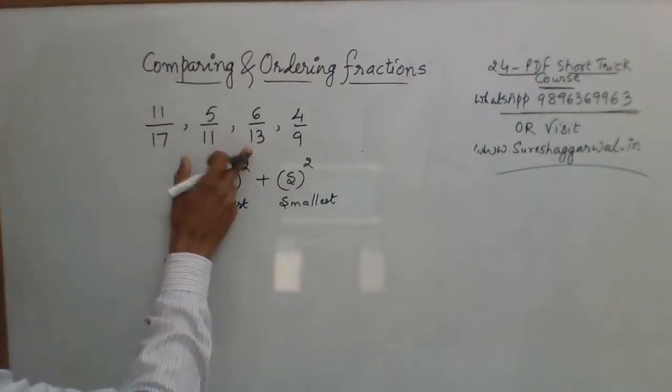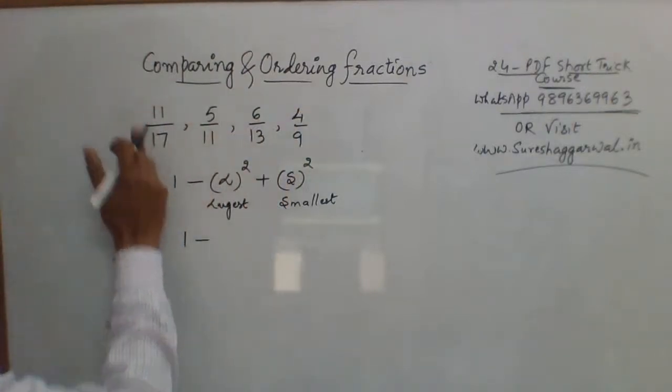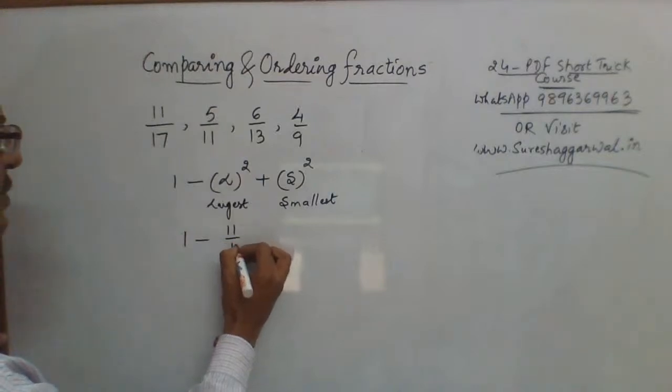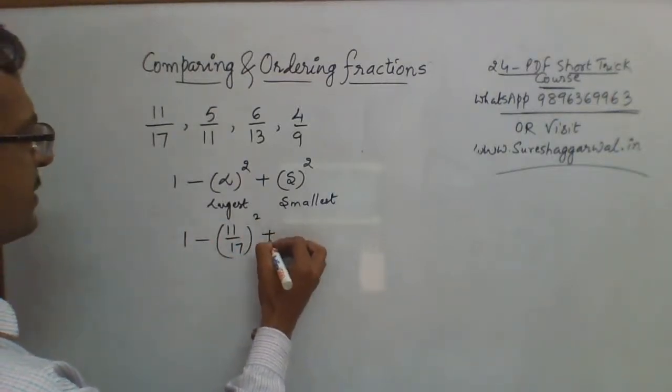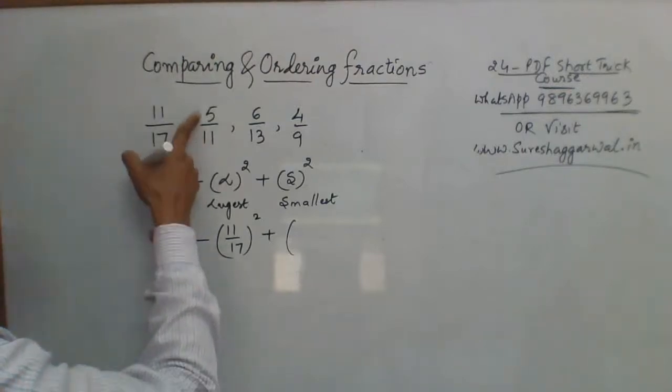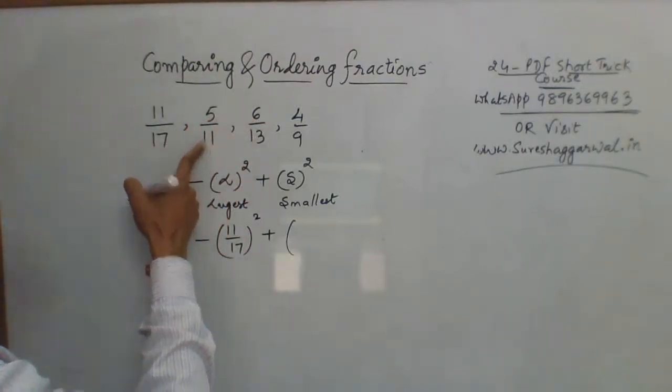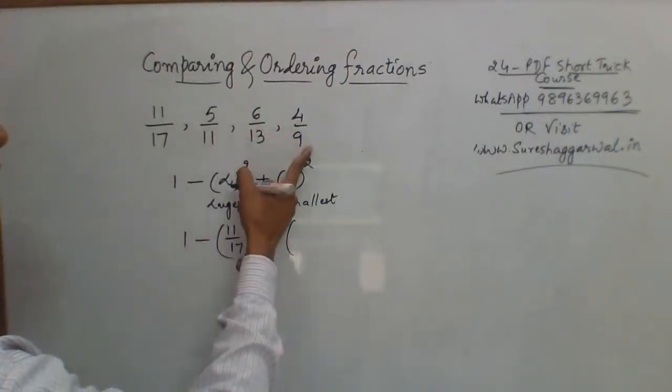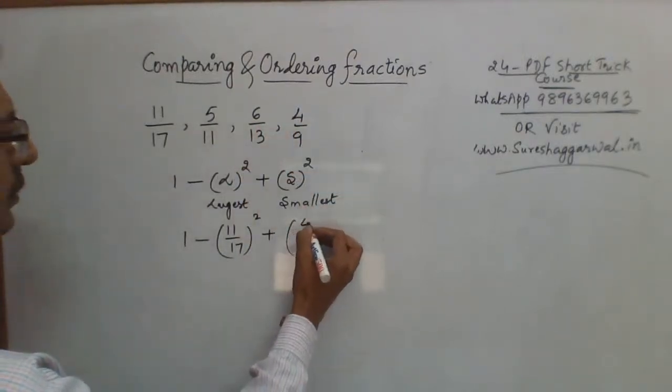So 143 is bigger, 99 and 68. So this is the biggest, 11 by 17 square, plus the smallest. This is the largest, obviously, so this is smaller. 65, 66, smaller. 45, 44. So this is the smallest, 4 by 9.